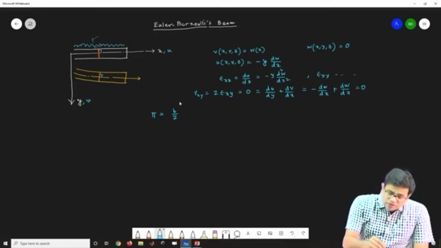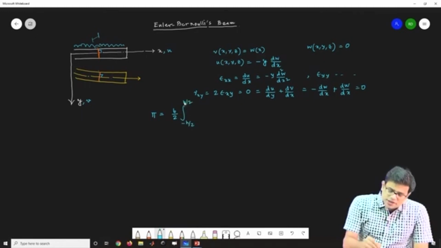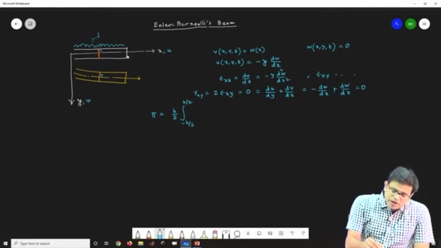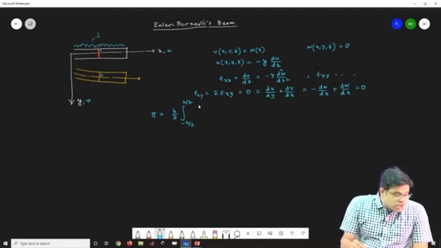Now the cross section integral goes from minus h by 2 to plus h by 2, and then you have to integrate over 0 to L.